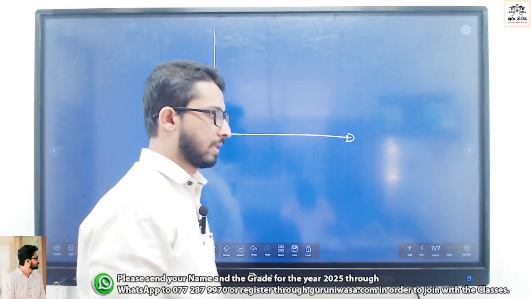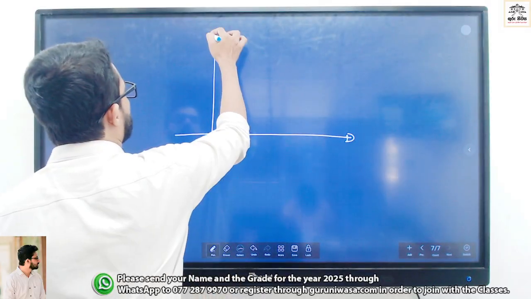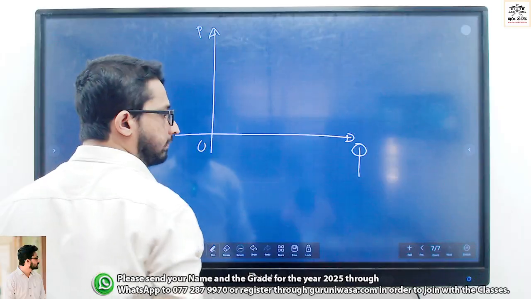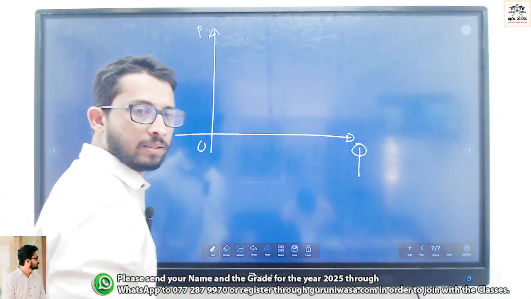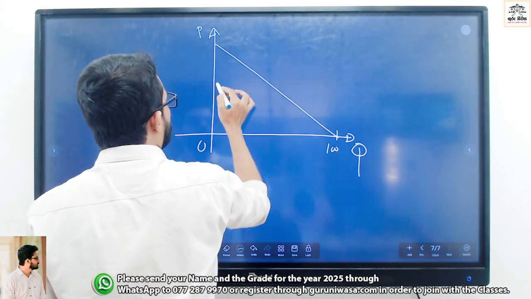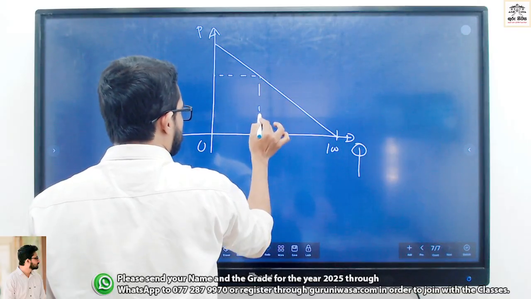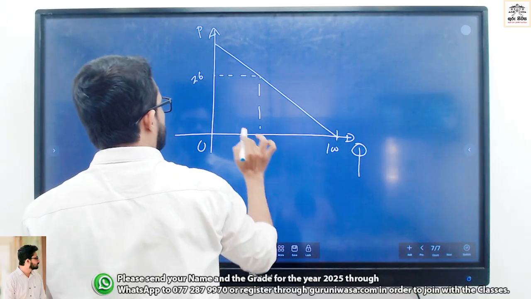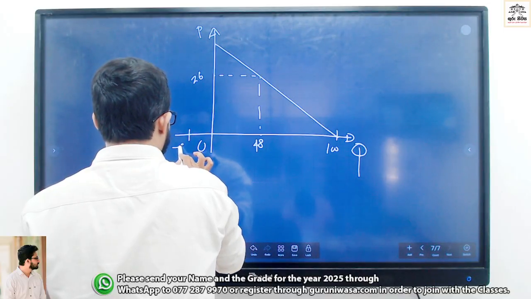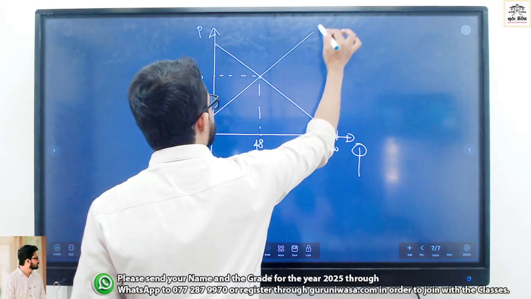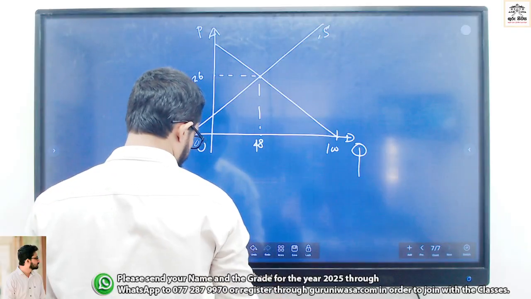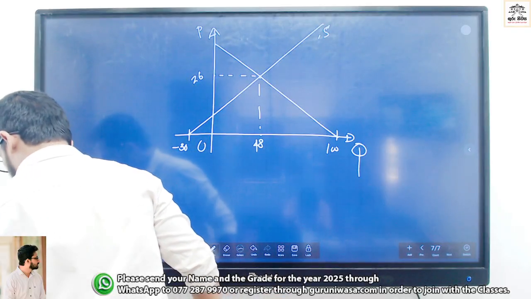Maximum demand price 100, equilibrium price 26, quantity 48, and minimum supply here minus 30. Right? Calculate consumer surplus, simple.